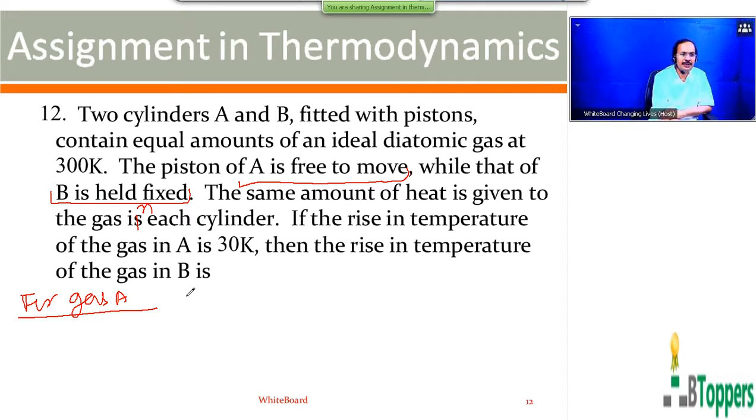For gas in cylinder B, volume is constant because the piston is held fixed. So for gas in cylinder A, the heat energy absorbed is given by nu Cp delta T.